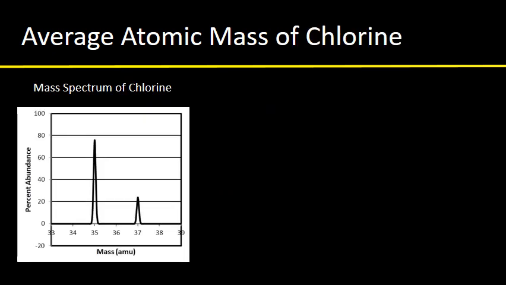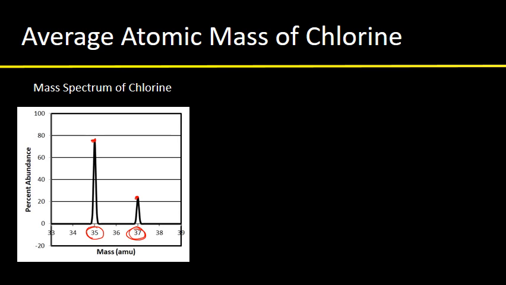All right, so let's take a look at one. We want to calculate the average mass of chlorine. So we look at these 2 different isotopes, and if all you have is the mass spectrum, right, this little data here, then you can assume that the mass here for this one isotope is 35 AMU and the mass here is 37 AMU, right? Because that's going to be really darn close.